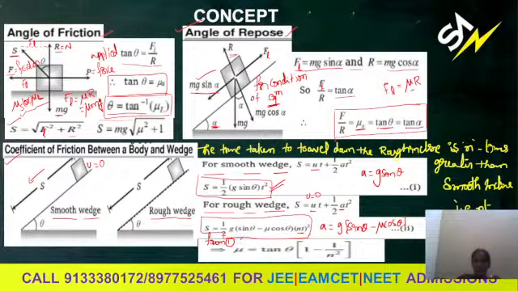Since the distances travelled are equal, the distance in the first case equals the distance in the second case. We can find the coefficient of friction, which is equal to tan theta into 1 minus 1 by n square. So when we are given rough and smooth inclined surfaces simultaneously and the distance travelled is equal, we can use this result to find the coefficient of friction.